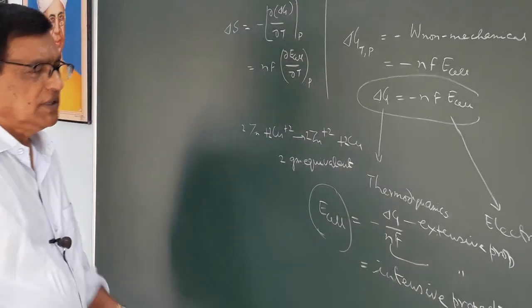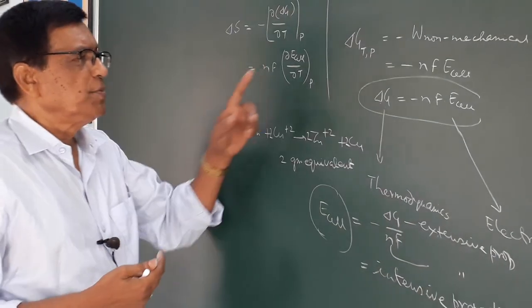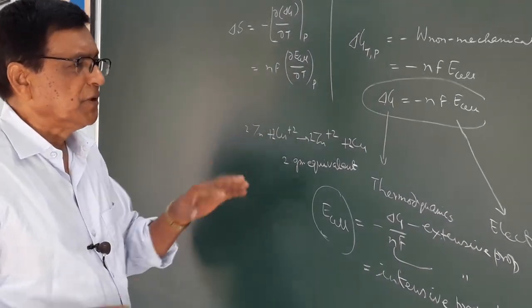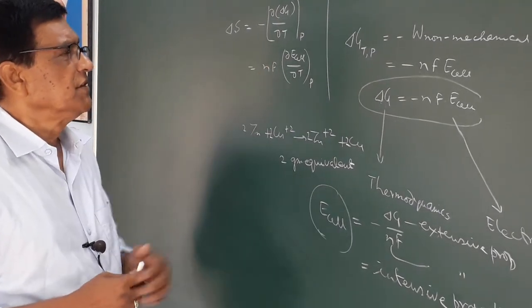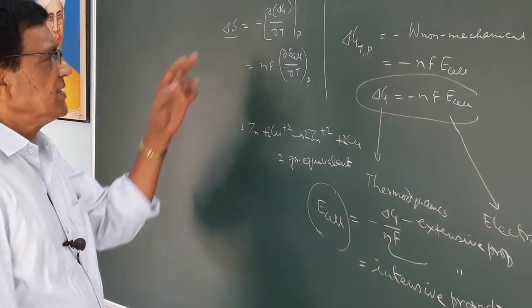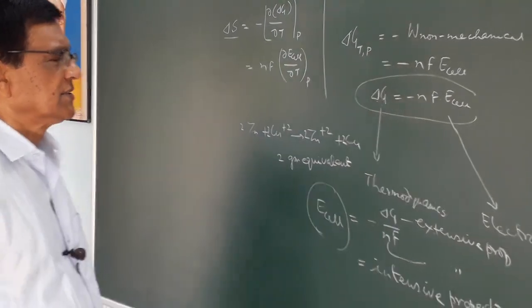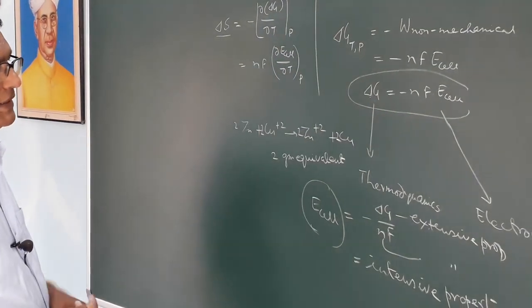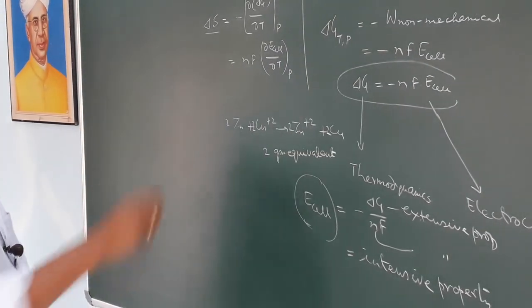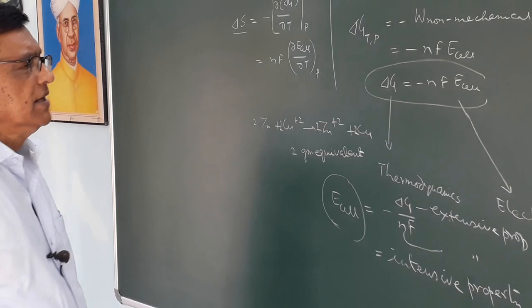So if we can determine this temperature coefficient of E cell, where n is the number of gram equivalents change and F is the Faraday, then delta S, the entropy change of the reaction, can also be determined very simply.